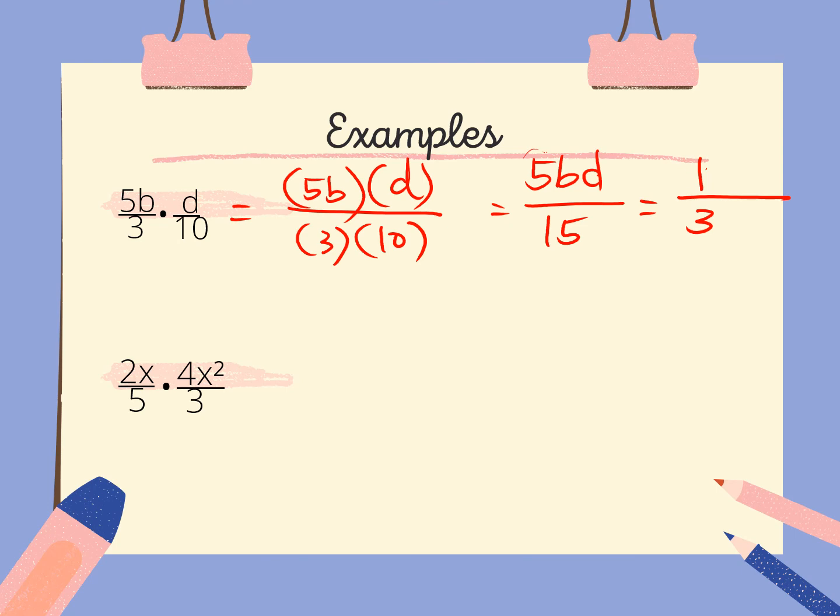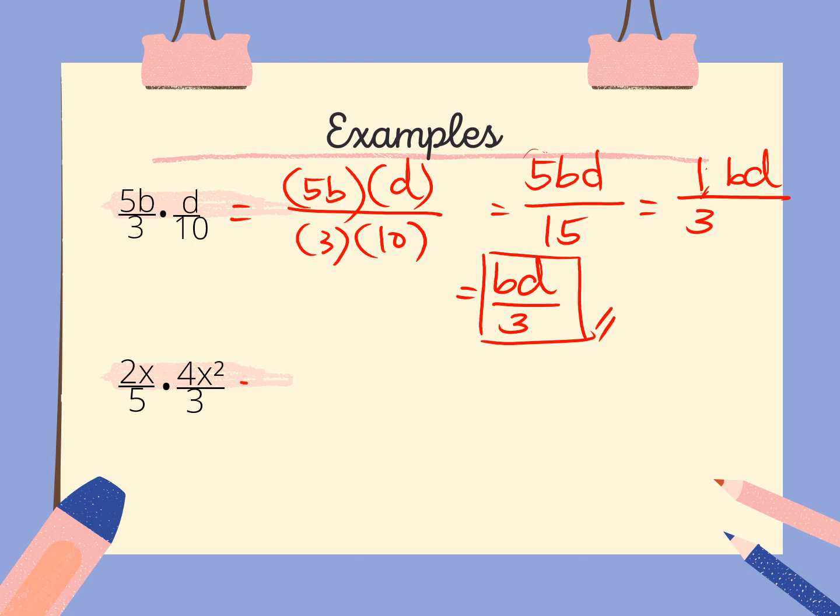And for the variables, you just copy them since hindi naman natin siya masisimplify at wala silang kapares na denominator. And then here we have 1, which can be omitted na, because automatically may 1 naman dyan sa taas. So therefore, our final answer is bd over 3, and that is the simplest form of our answer.